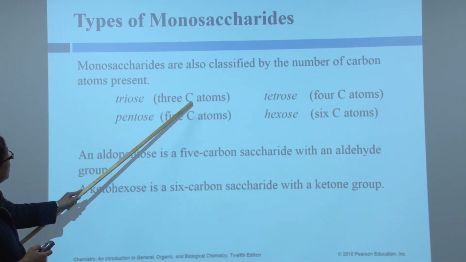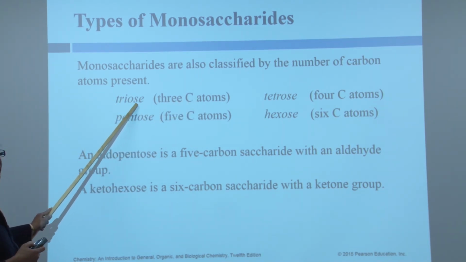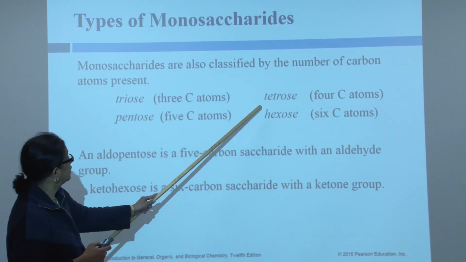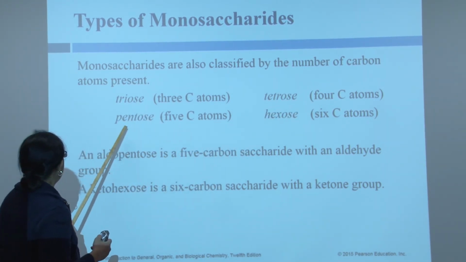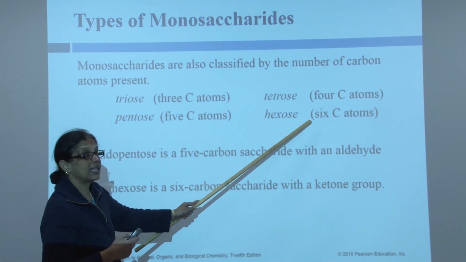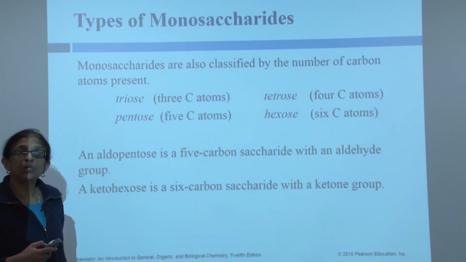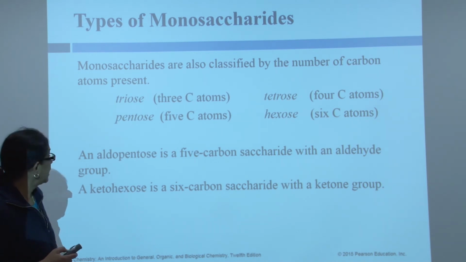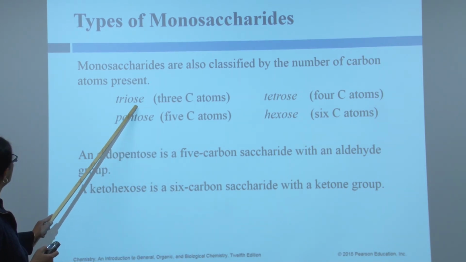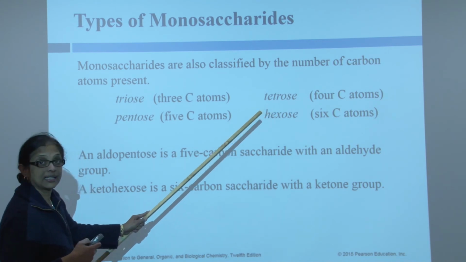So 3 carbon atoms, triose, OSE, carbohydrate. Tetra, 4. Penta, 5. Hexa, 6. So if you see these prefixes, you will know how many carbons. And again, this is a carbohydrate, OSE. Okay?